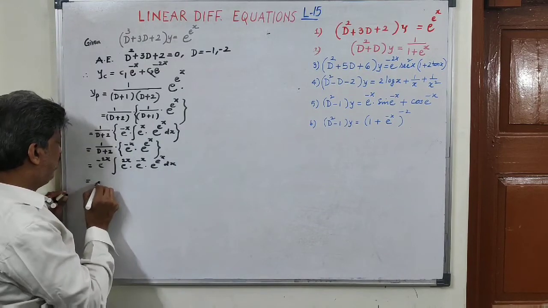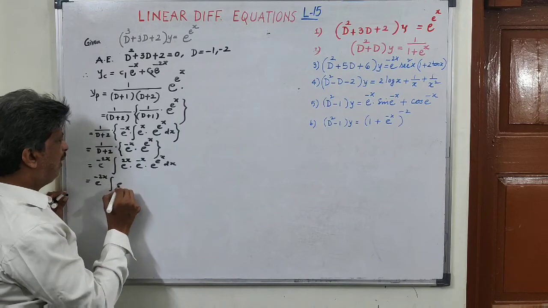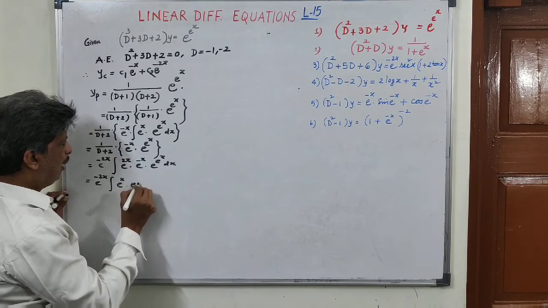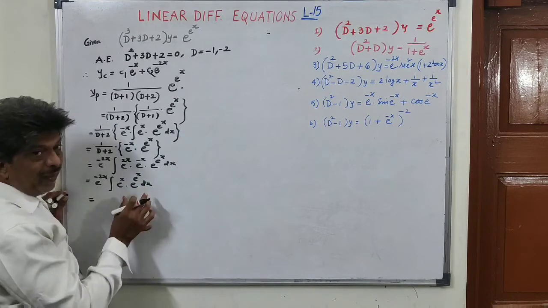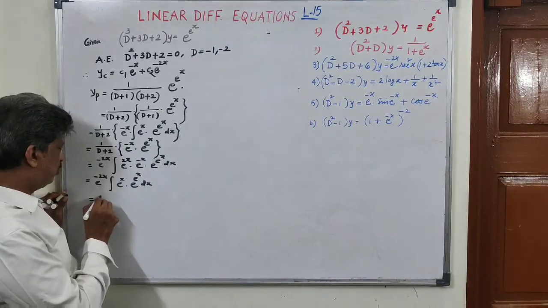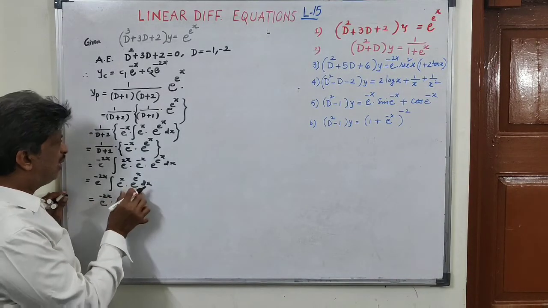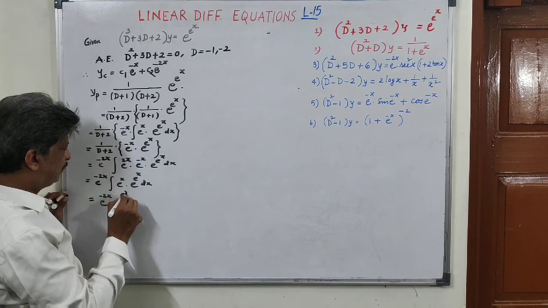That is further equal to e raised to power minus 2x into the integral of e raised to power x into e raised to power x. The same integral is featuring once again. So e raised to power minus 2x into the integral is the same as e raised to power e^x.